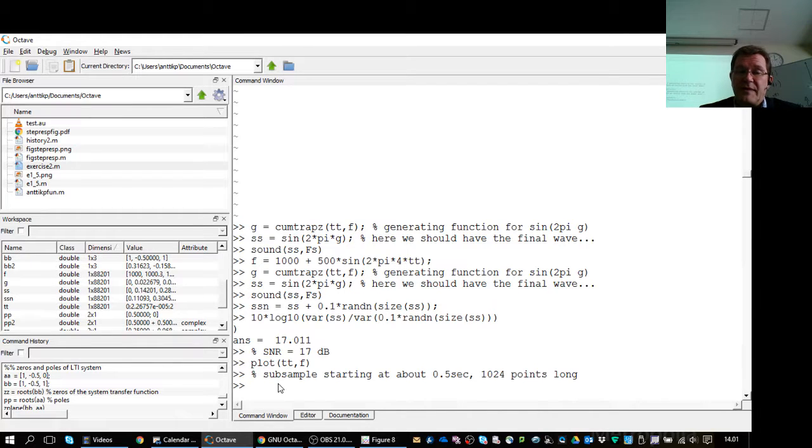Okay, how to find that value? Well, we have the T. If we multiply 0.5 times our sampling rate, that's about where the half second is, right? So this is the index ii.